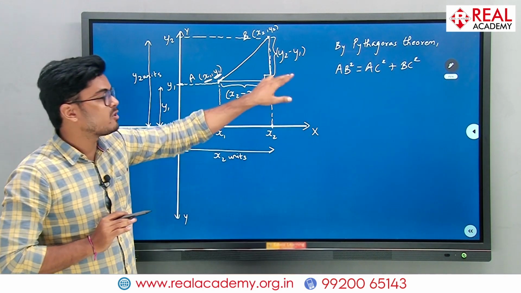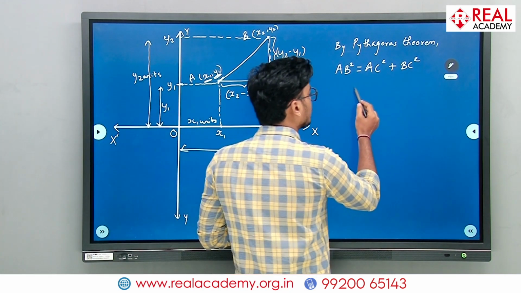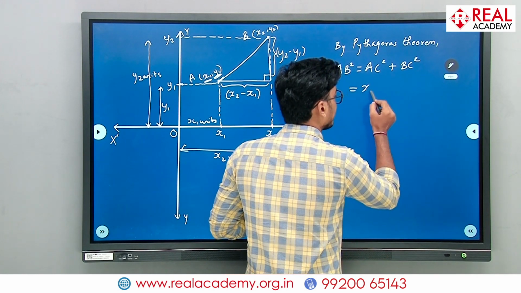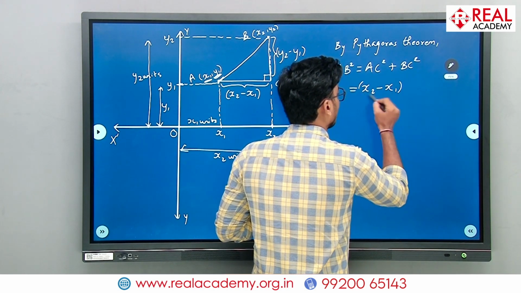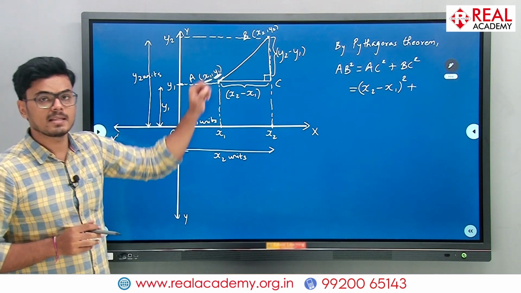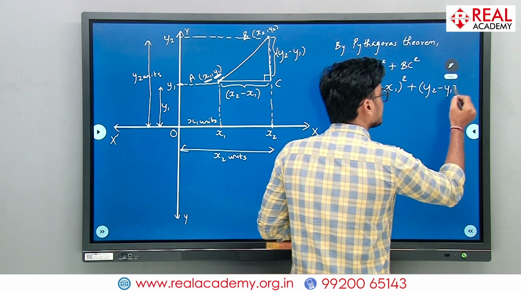We have to find the value of AB, which is the distance between those 2 points, right? So this is equal to, what is AC? AC is x2 minus x1, so x2 minus x1 the whole square, plus what is BC? BC is y2 minus y1, so y2 minus y1 the whole square.